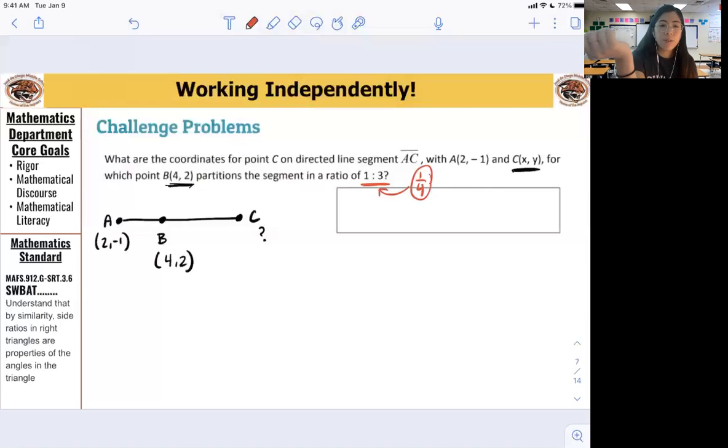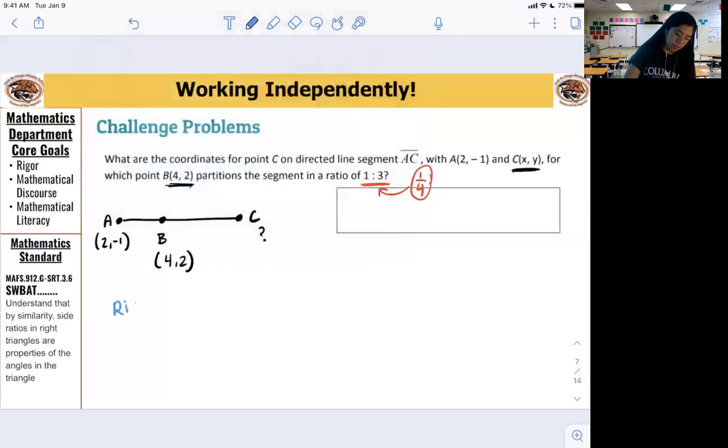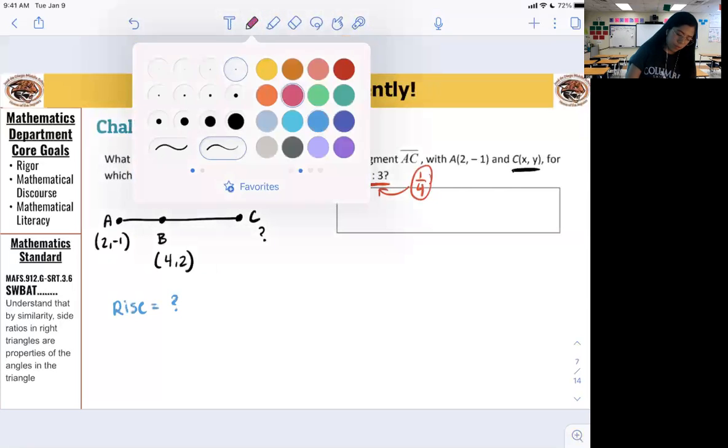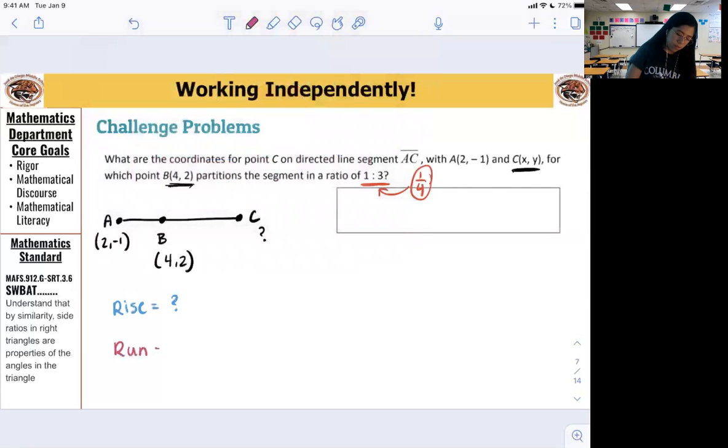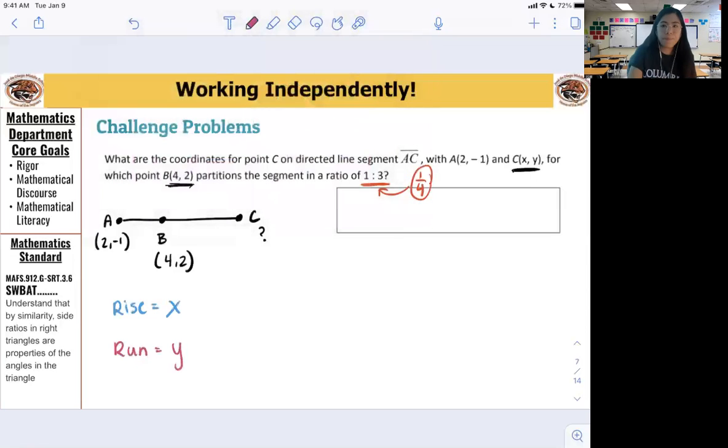Because we don't know the value of C. So we can't find the rise and we can't find the run. So for now, let's call it X and let's call it Y.